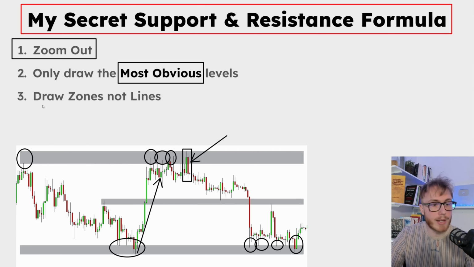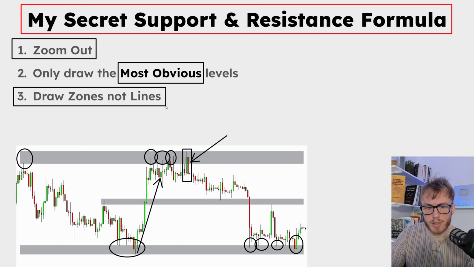The third rule here we have already talked about actually, and that is that we want to draw zones. At least in my opinion, it's preferable to draw zones and not lines. And the reason for this is that if you draw lines on your chart, it's easy to sort of think that these levels have to be perfect.